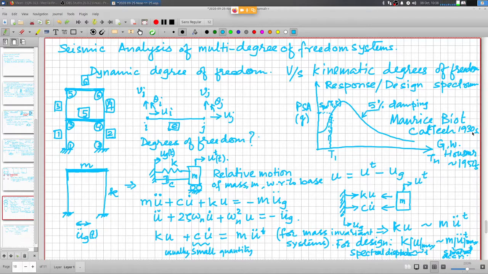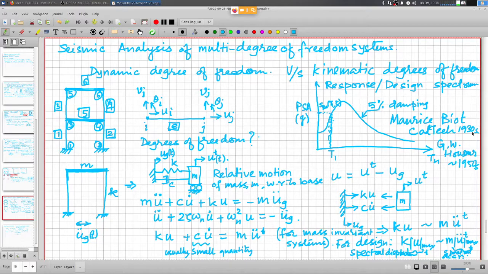The 1930s were very difficult times. It was economic depression, massive depression. Computers were not available, and in a couple of years the Second World War started. So this concept could never really catch up.